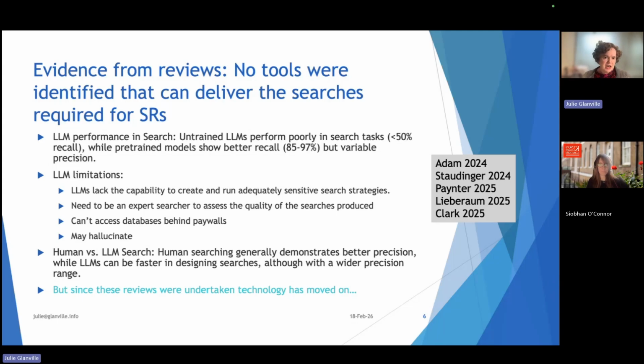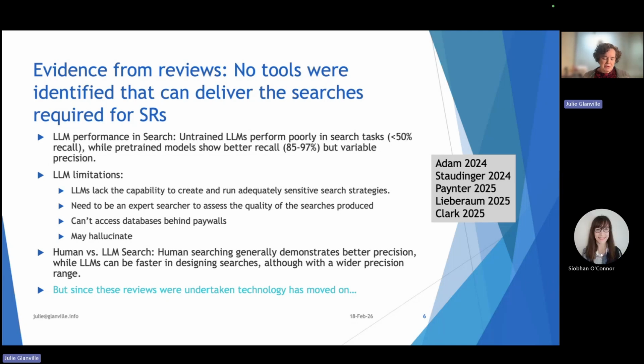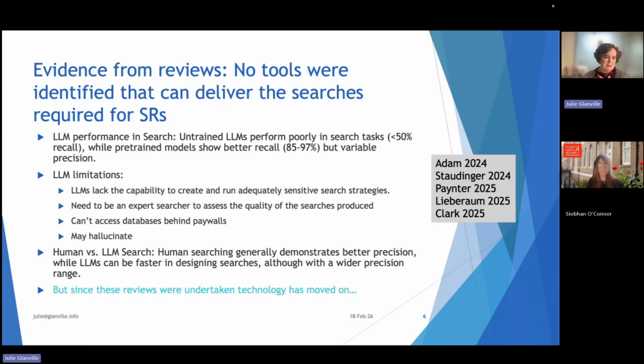And particularly with chatbots, in the early days, there was a really large problem with hallucinated references. This is probably less the case now with the RAG tools that I'm going to talk about, but still with the chatbots, you'll probably still run the risk of hallucinations.